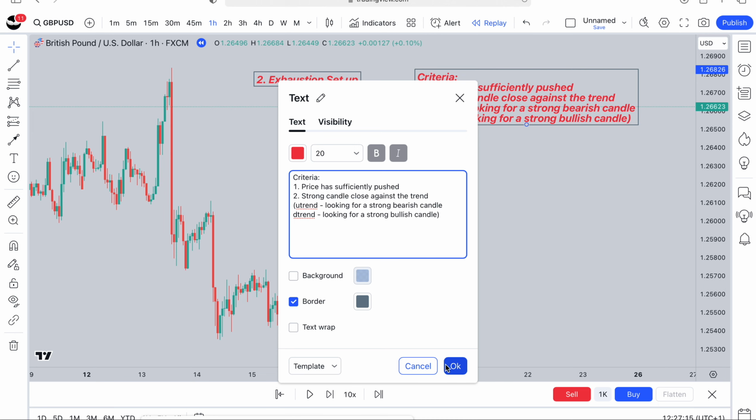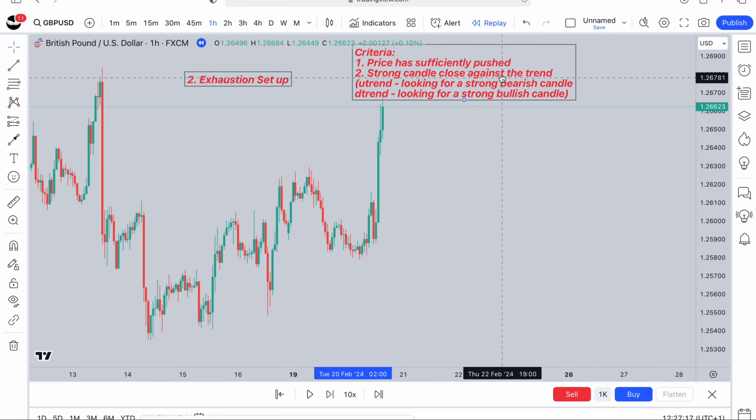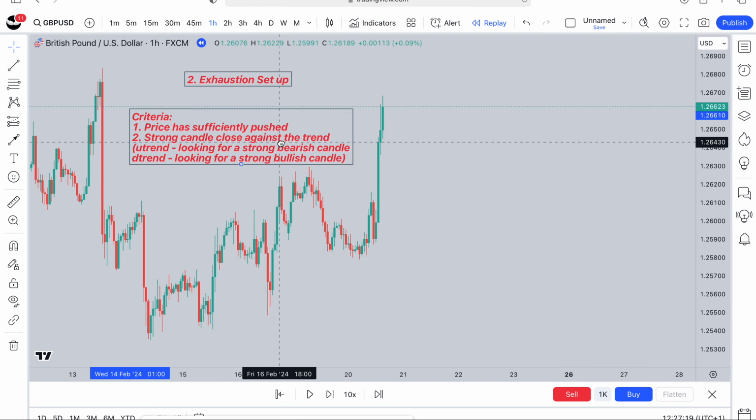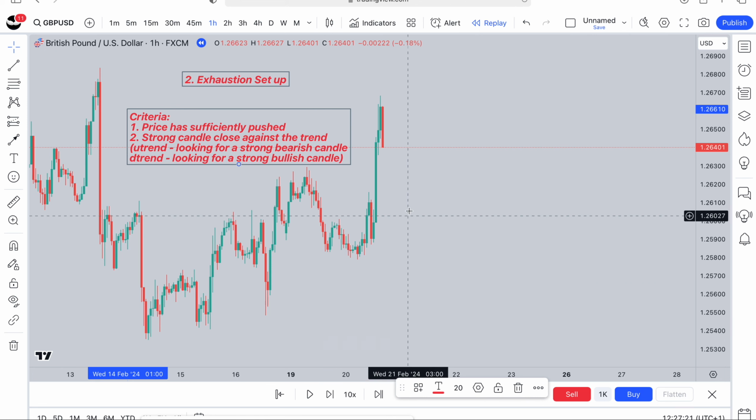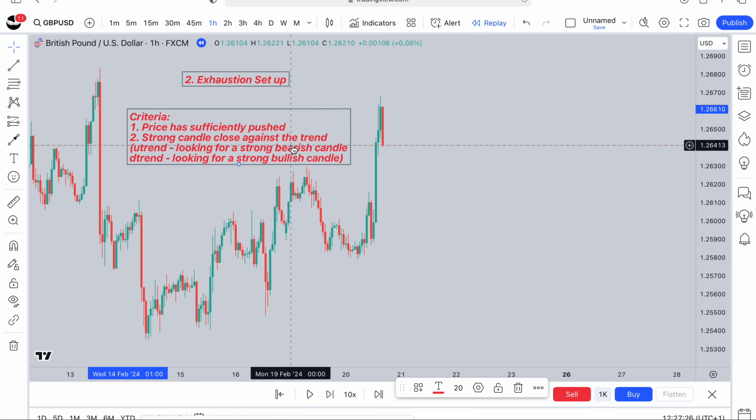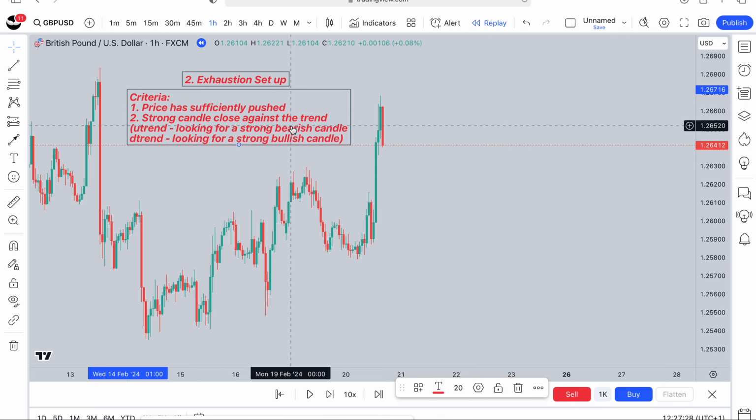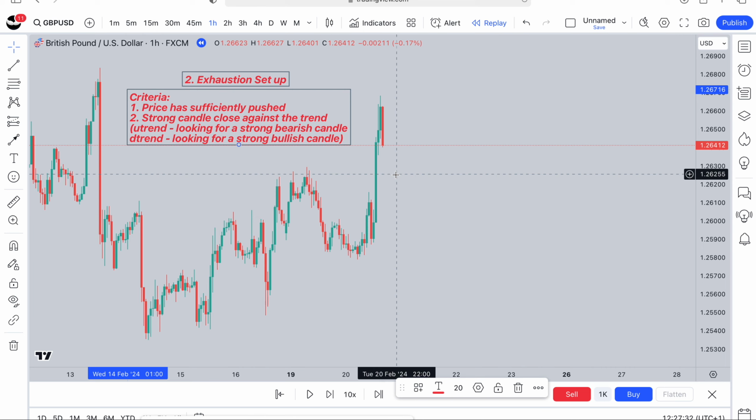This is the really important thing, guys. Once you've identified this criteria, it's really important that you don't change your bias until price has sufficiently exhausted. You're going to hear this word a lot, sufficiently, because it's going to be the basis of everything that you're going to learn.